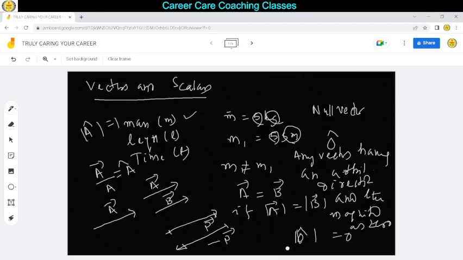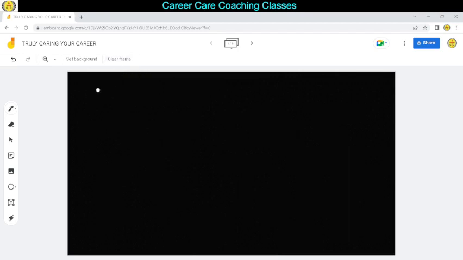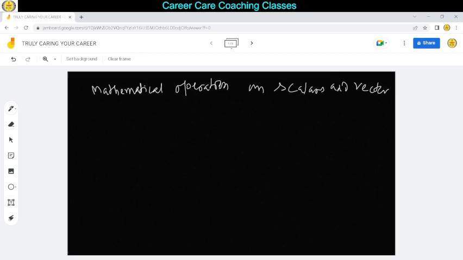Then we will come to mathematical operations on scalars and vectors.